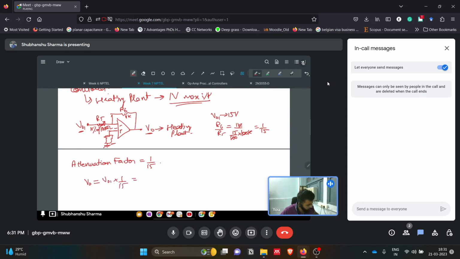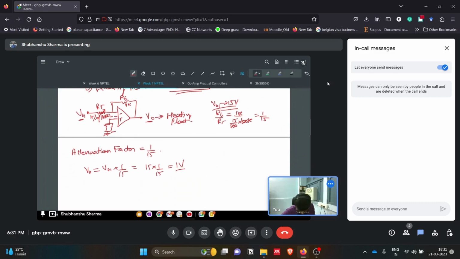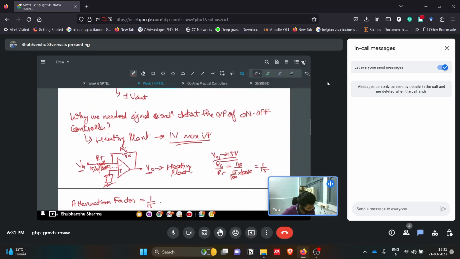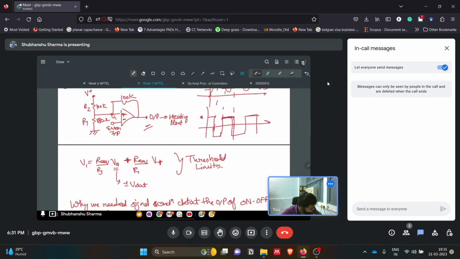Since our V naught 1 was 15 volts, we will get 1 volt. Okay. And one more thing I forgot to tell, this R equivalent is basically R1 parallel to R2 parallel to R3, the combination of R1 parallel R2 parallel R3.